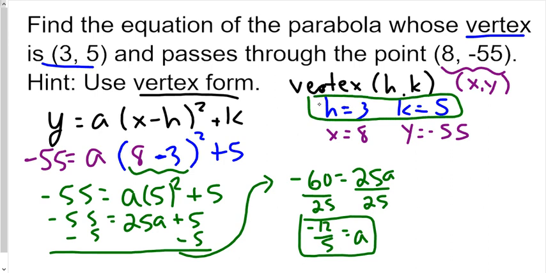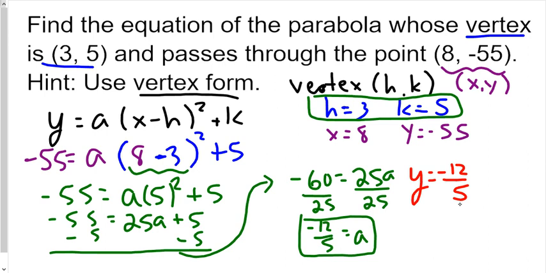So we can plug into our formula for the vertex form and get the equation: y equals negative 12 over 5, which is our a. The y and the x we leave as y and x. We just plug in our a, h, and k values.